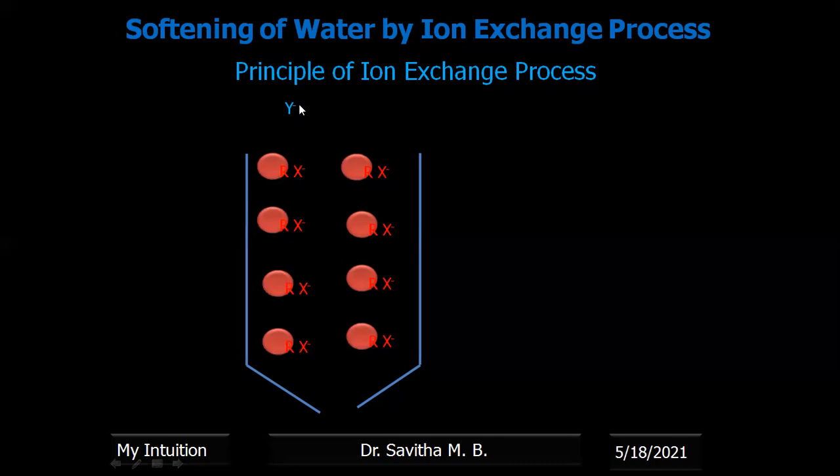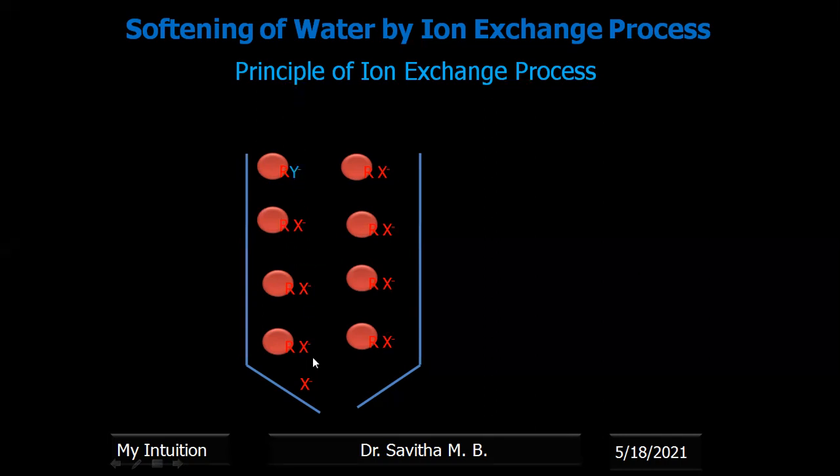Now when you pass water through this chamber, the resin RX exchanges the X minus ions for Y minus ions. This anion is exchanged by the other anion coming from the water. Now, when it is getting exchanged, the X minus is taken out, because it is no longer associated with the resin.